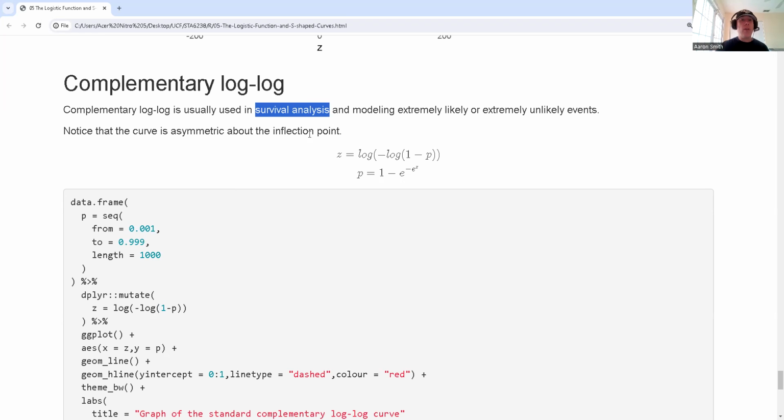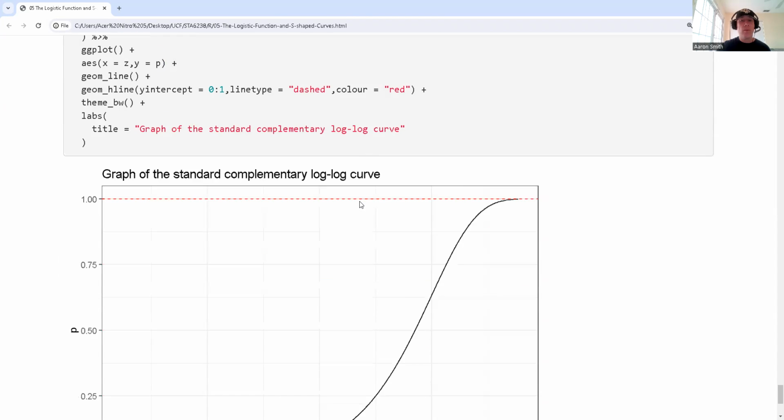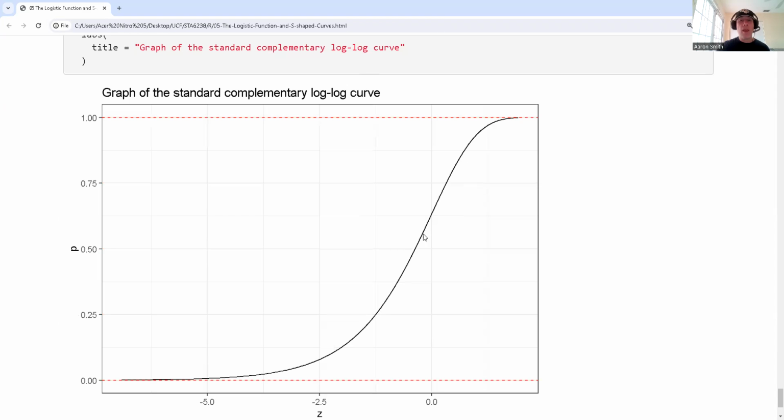The curve is asymmetric about its inflection point. Here is how we get our curve. Here's our probability, and you can see this is why it's called log-log. The probability is the inverse of this function. And you'll notice that this is an asymmetric curve. The ones that we looked at previously were symmetric about their inflection points.